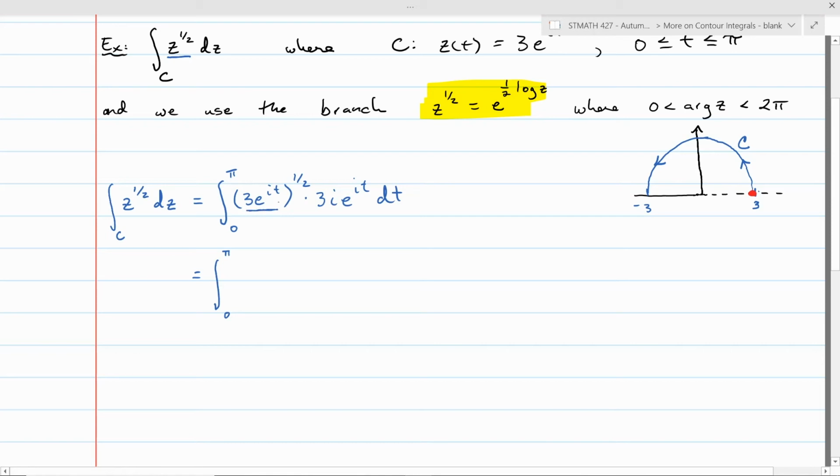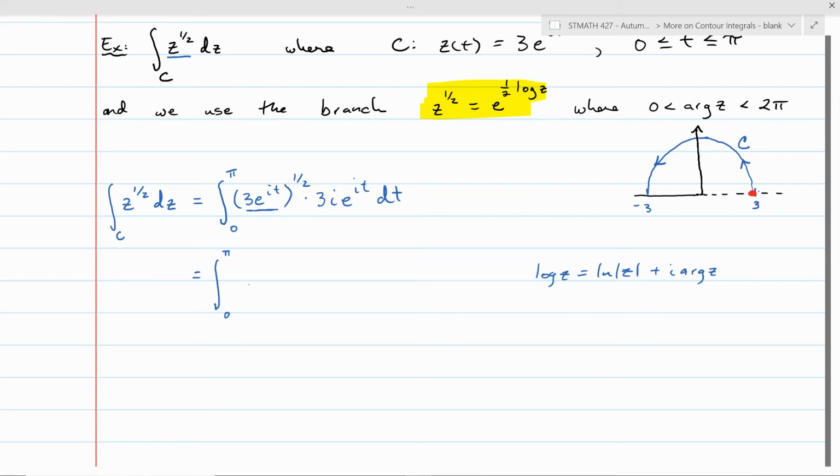And so remember, when you do log z, it is the natural log of the modulus of z plus i arg z, right? Where we pick, in this case, our arg to fall between 0 and 2 pi, endpoints not inclusive. So because we've got the number inside the 1/2 power in exponential form, we can see what its modulus is, and we can see what its argument is.